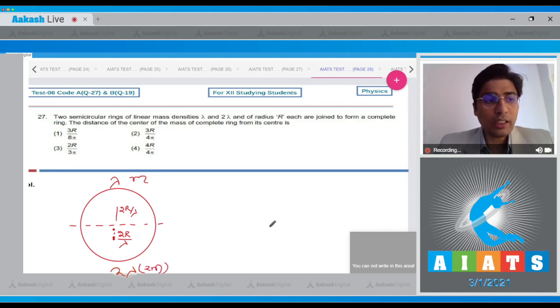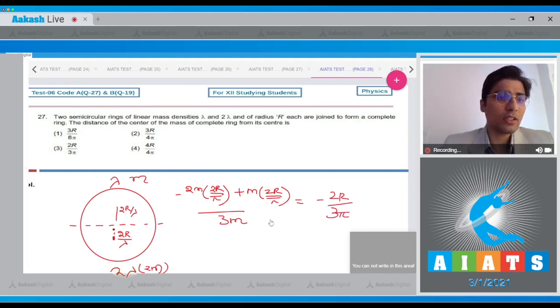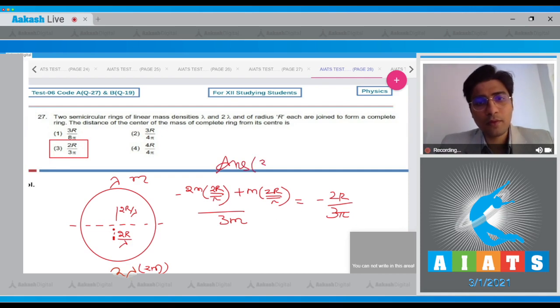Now we can write down that the net center of mass will be 2m into 2r by pi downwards, so negative, plus m into 2r by pi, divided by total mass, that is 3m, and this will be equal to minus 2r by 3 pi, and hence the distance of the net center of mass from the center will be 2r by 3 pi, meaning that the correct answer for this question is option number 3.